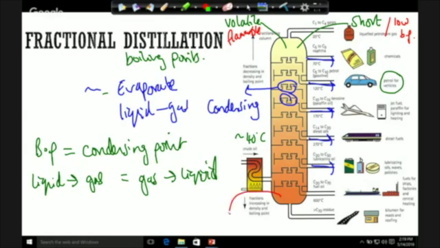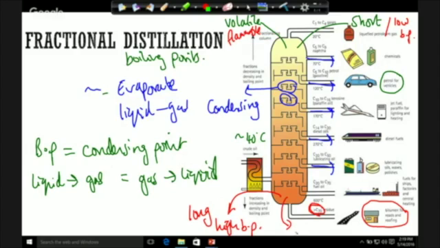Contrastingly then, down at the bottom, you've got your long chain molecules, and they have a high boiling point. So even though this is heated up to a great temperature down here, the bitumen that comes off, which is used for roads, won't actually boil. That'll come off as a liquid, because these are like chains with about 70 carbons in them, really long chains, and they don't reach their boiling point.